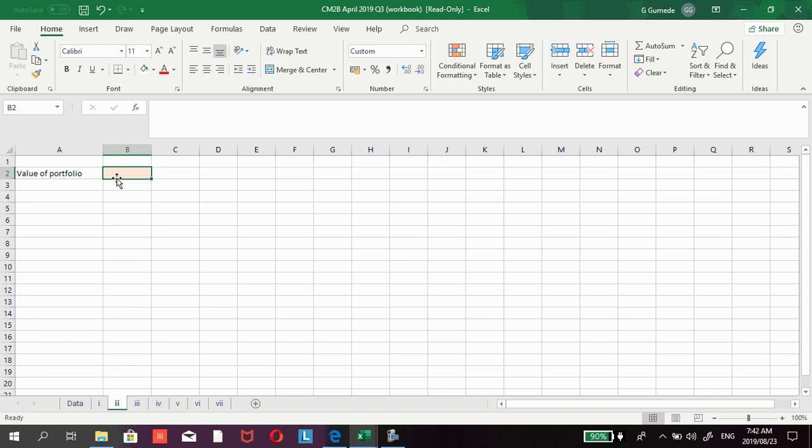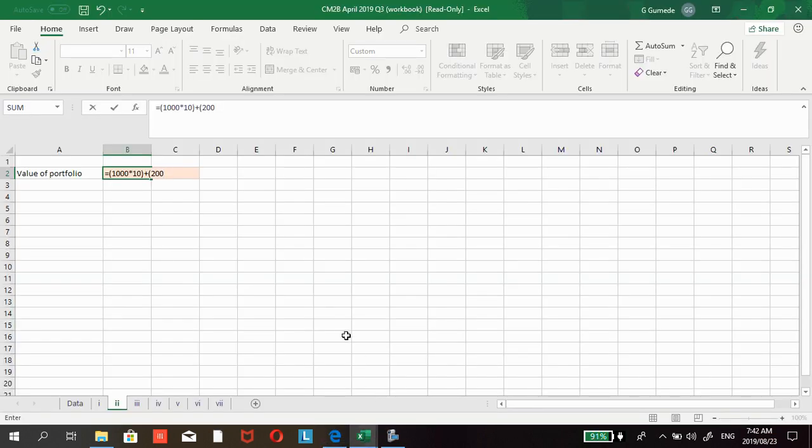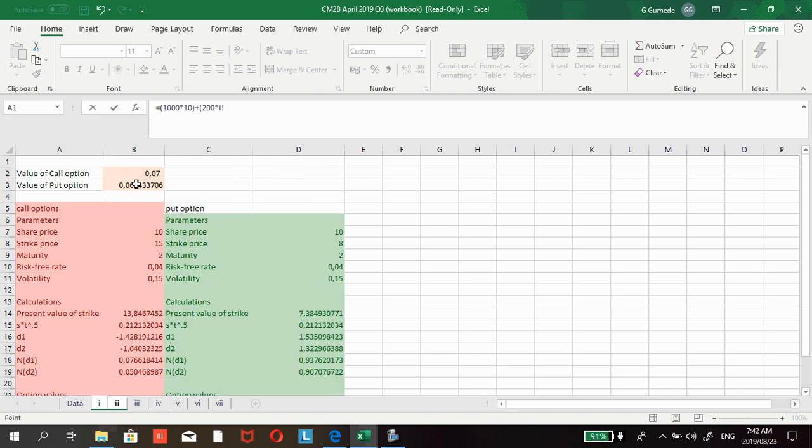The value of the portfolio, I've got 1,000 units of shares, and the share price at time 0 is 10. And I've got 200 units of the call option, okay? And the price of the call option is what I calculated here.